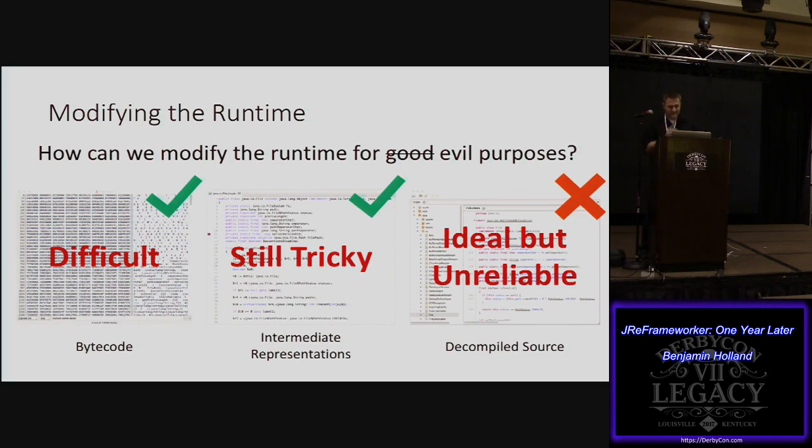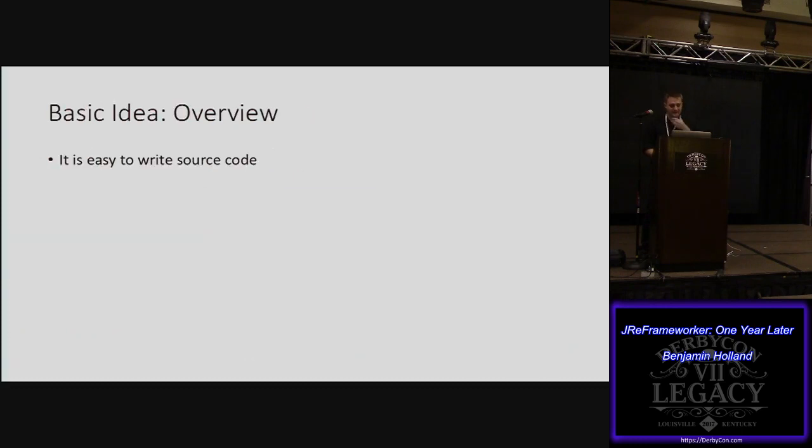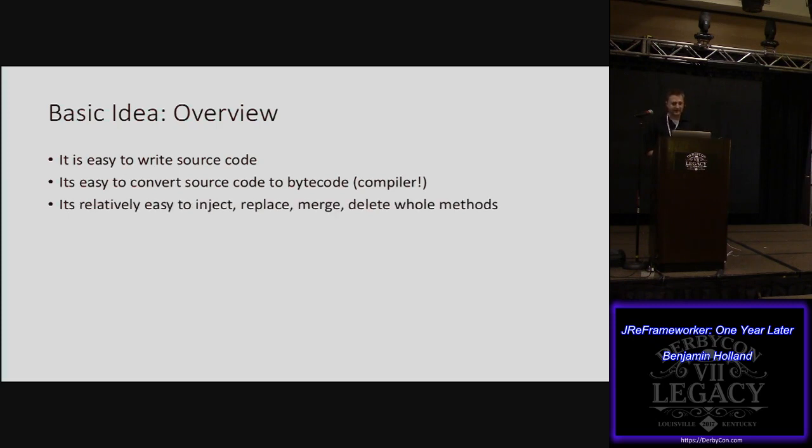So we want to get to that source level, and this was the idea I came up with. It's easy to write source in general. That's how we develop programs, and it's easy to convert that source into bytecode, right? We just shove it into a compiler. That's what the compiler does, and then I read a paper that put it all together for me.